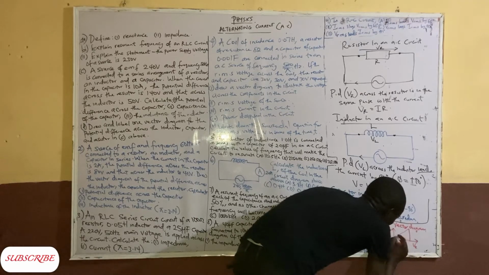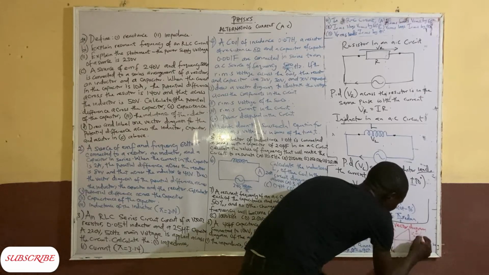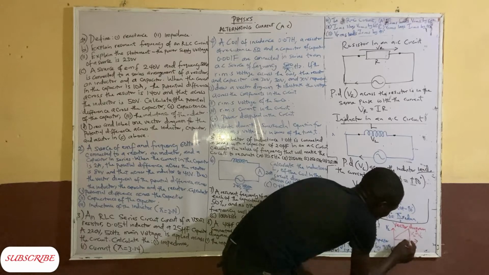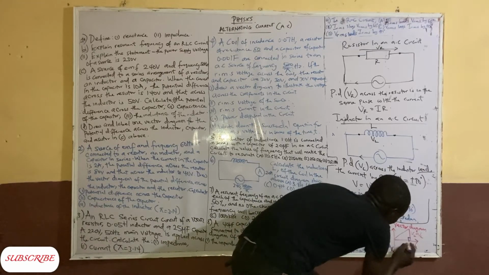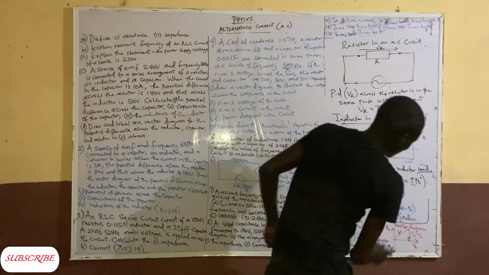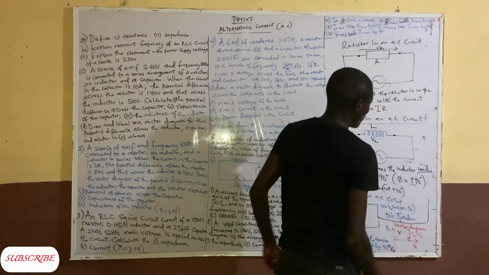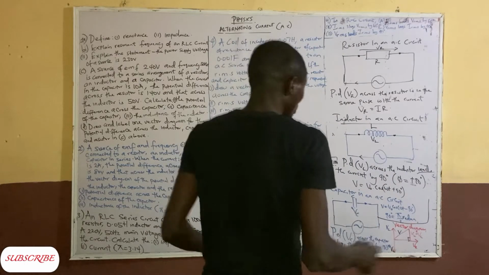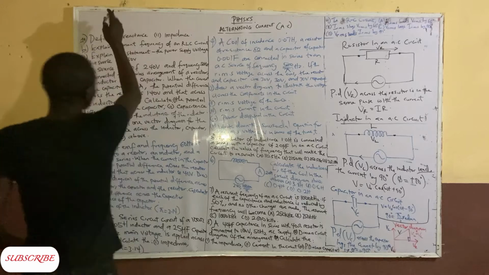So VL minus VC, this here is VL minus VC. This one is the right angle, and this one is the resultant V. So we have here VC, VR at this point. So when we want to find the vector diagram, the sum total of the voltage, I will write it. Sum total of the voltage, V.